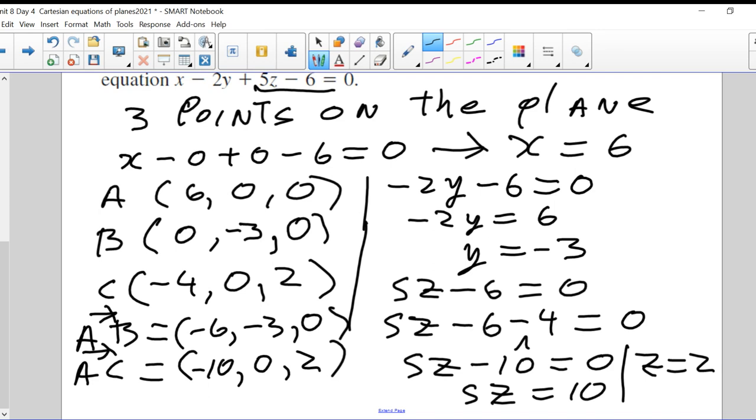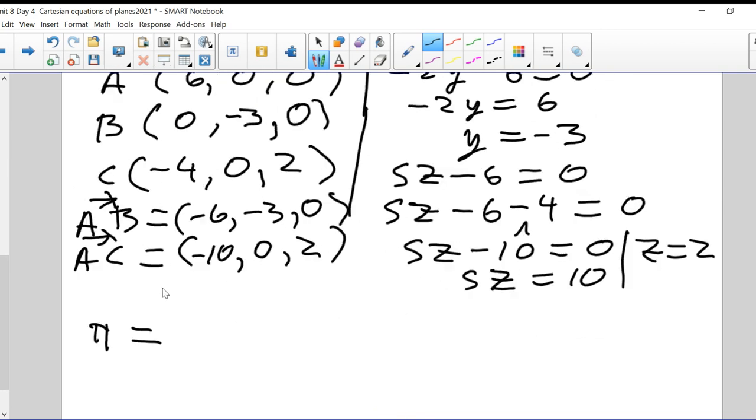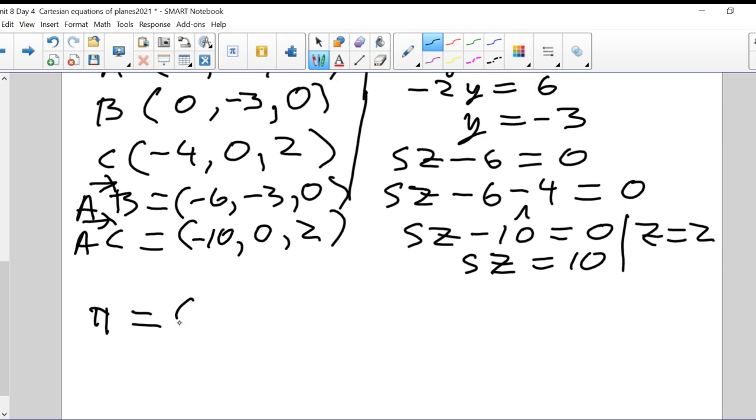No, I'm not sharing GeoGebra yet. I just want to finish up writing the equation first, and we'll go to GeoGebra afterwards. Okay, so those are my AB and my AC vector. I'm ready to write my vector equation now. I'll call it pi is equal to, I'll take any point. We have 3 points. We'll take the 6, 0, 0. I don't really care which one.